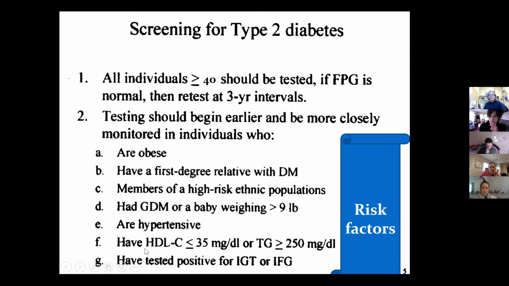If a person's HDL is less than 35, or their triglycerides are greater than 250, they should be tested for diabetes, because diabetes metabolically wreaks havoc with the body's blood lipids. And if they have ever in the past been positive for impaired glucose tolerance or impaired fasting glucose, they should be tested much more regularly and closely than the average person. So if you're in a risk group, you need closer monitoring than otherwise.